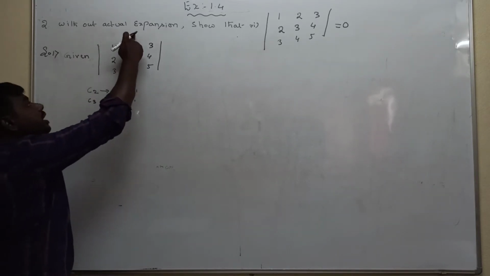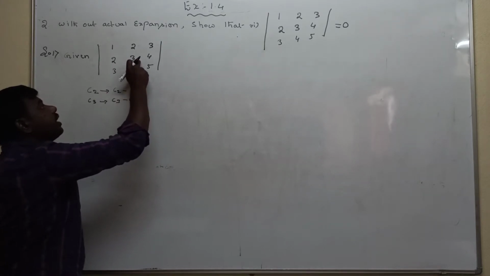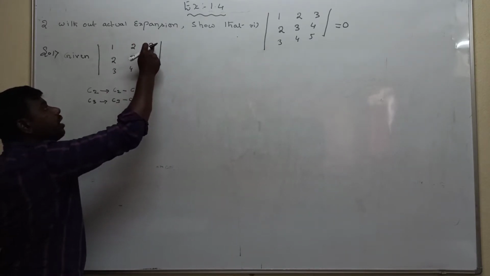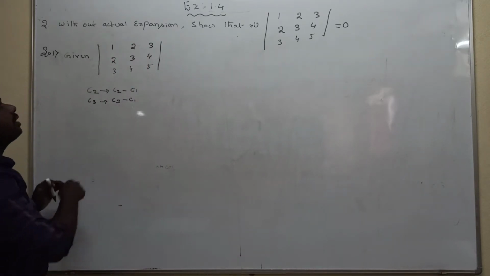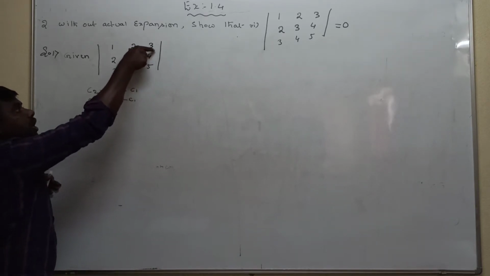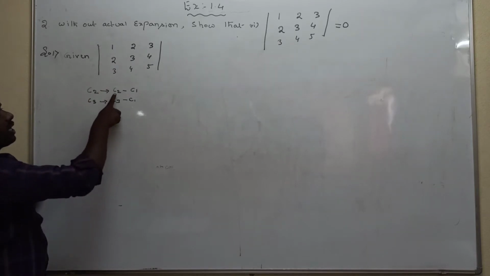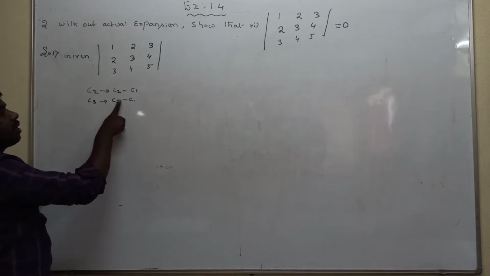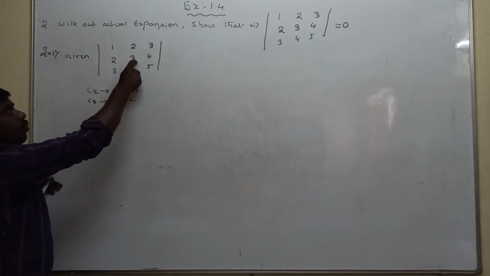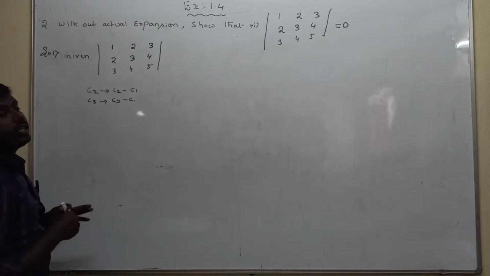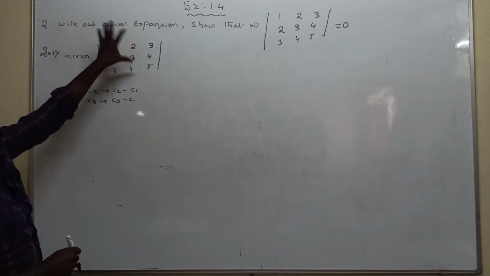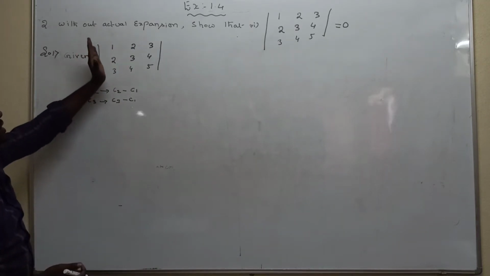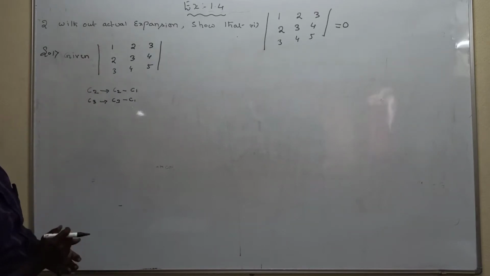Now the second column is changing, so don't take the third column with the help of the second column. Both the second and third columns are changing, so take the help of the first column. That's why we write C2 minus C1, C3 minus C1. Don't use C3 minus C2, because C2 is changing. Take the help of only the first column.